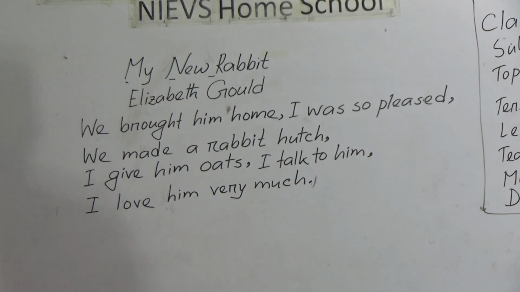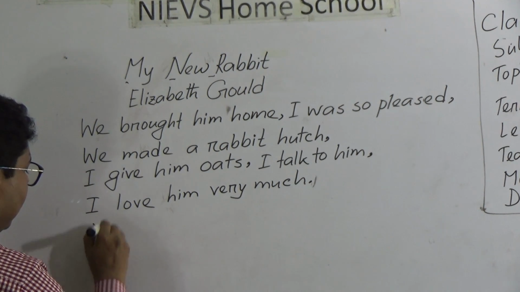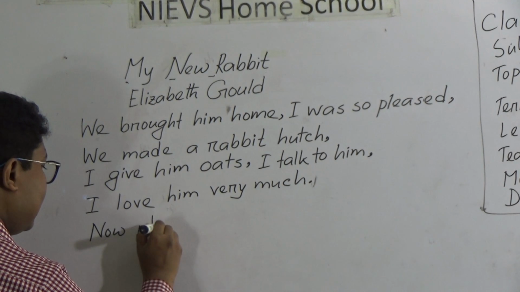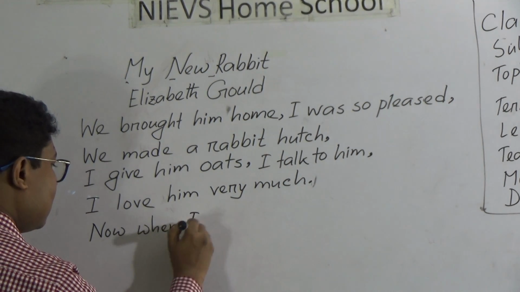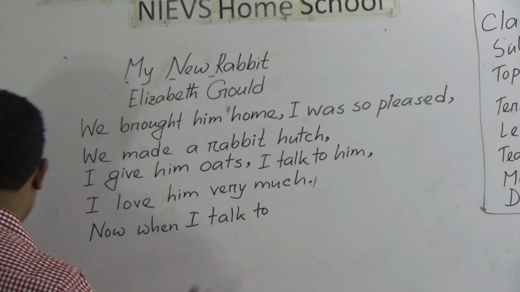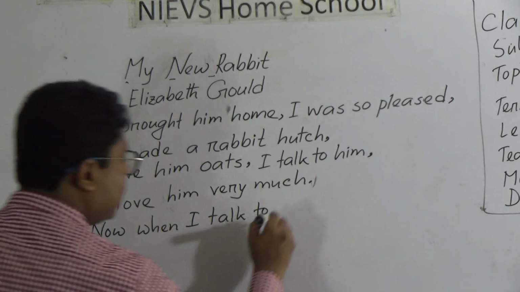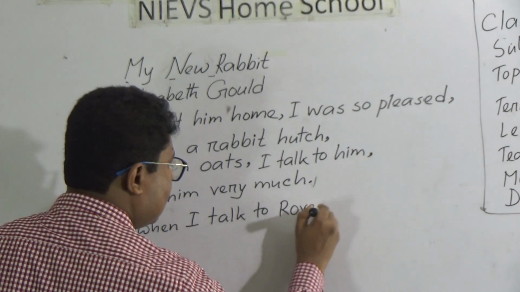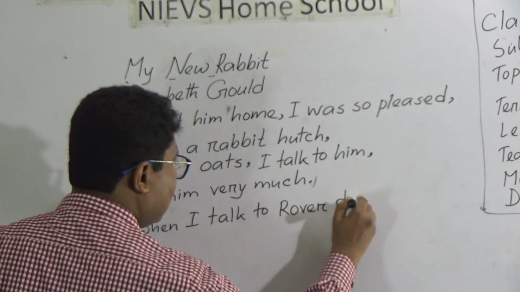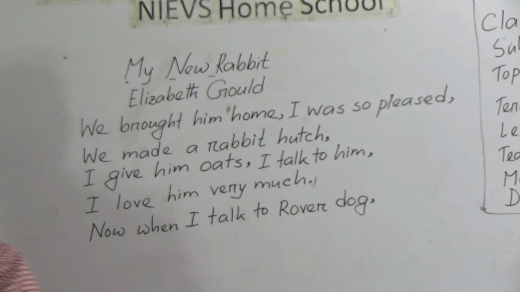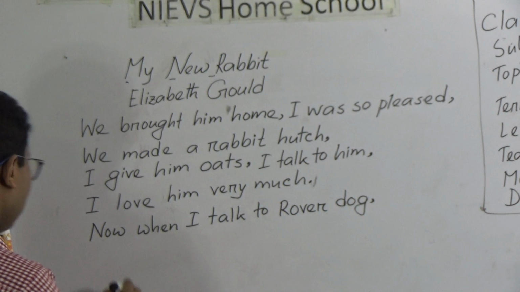Now, when I talk to Rover Dog. Now, N will be capital. Now when I talk to a Rover Dog, Rover is the name of a dog, so R will be capital. Rover Dog, comma, he answers me bow wow.